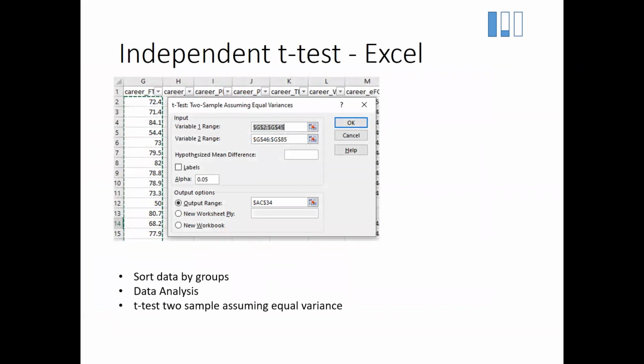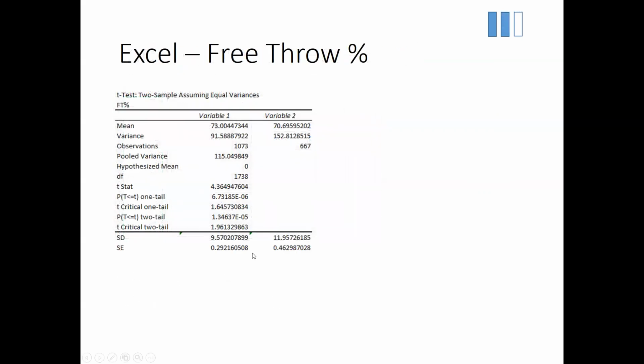Sort data by groups. Let's sort it by the group that we want to pick our data out for. So we need to select Excel because we have to do a little bit more for it. We actually have to sort our data to get the groups isolated from each other. And then we go to data analysis, and then we go to two t-tests, rather.